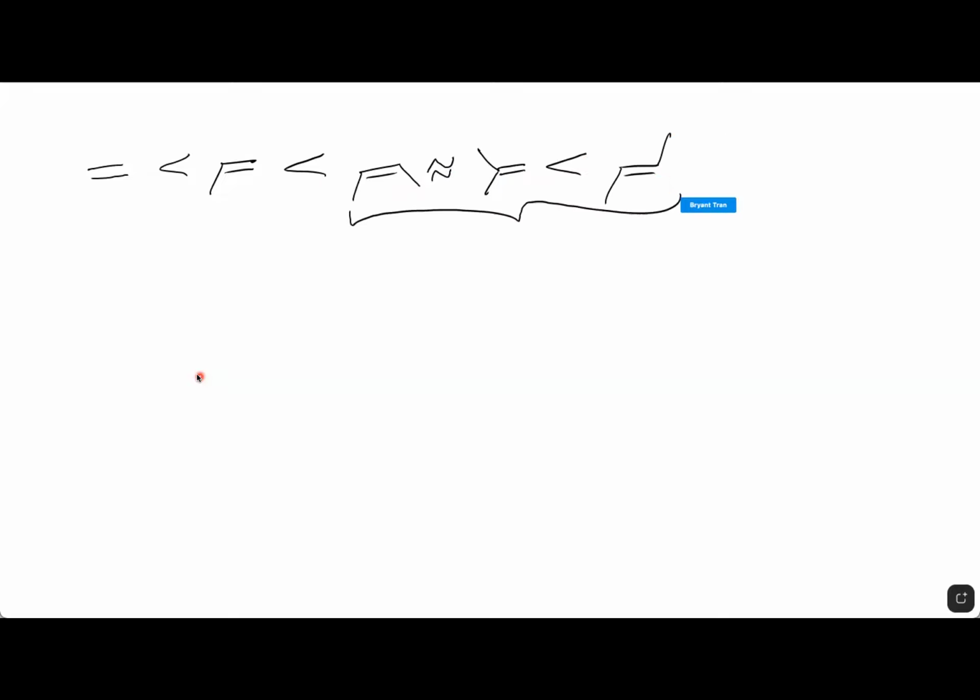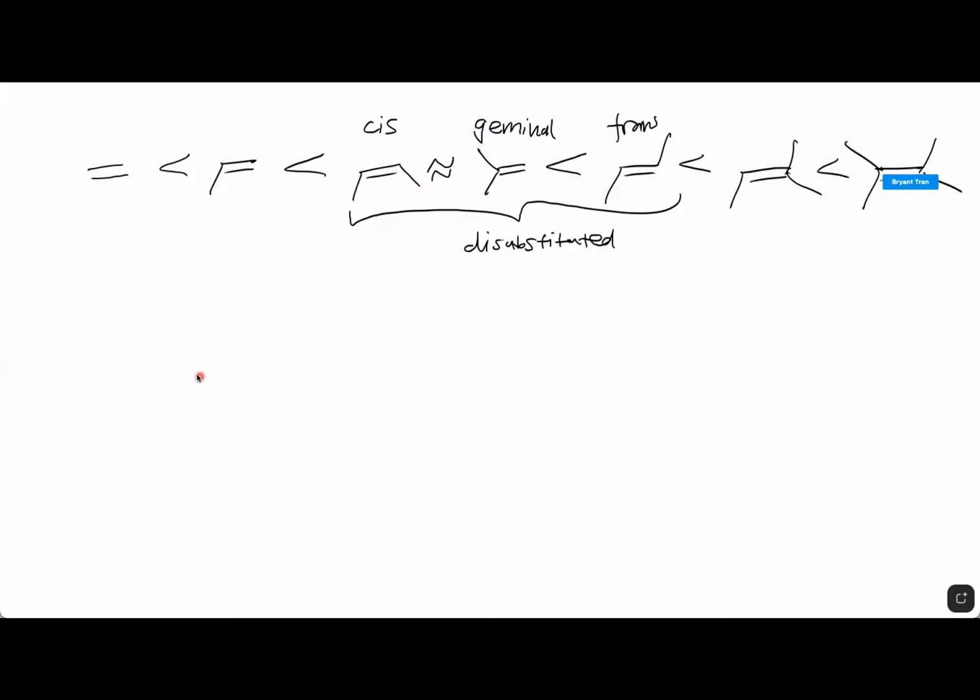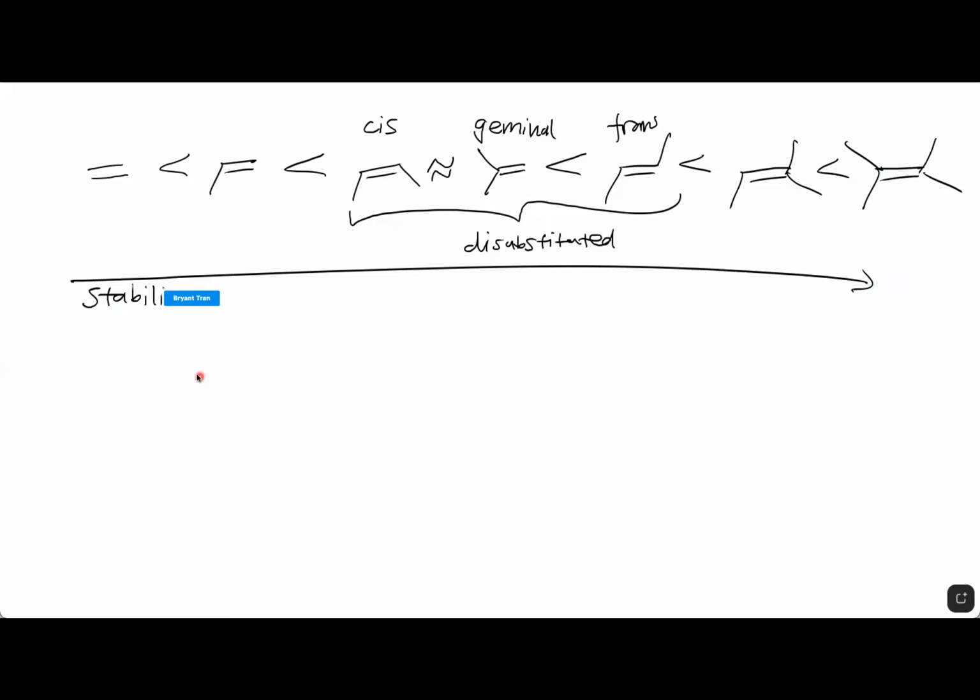All three of these are di-substituted because all of them have two R groups. This is cis, this is geminal, and this is trans. Then they are less stable than the tri, and the tri is less stable than the tetra. So stability increases from left to right in this case.